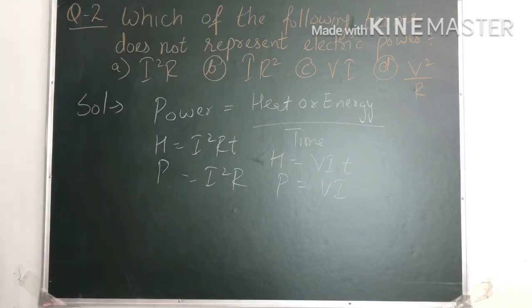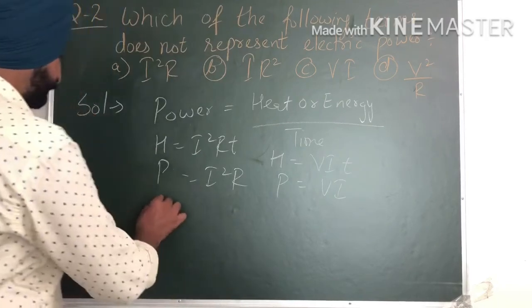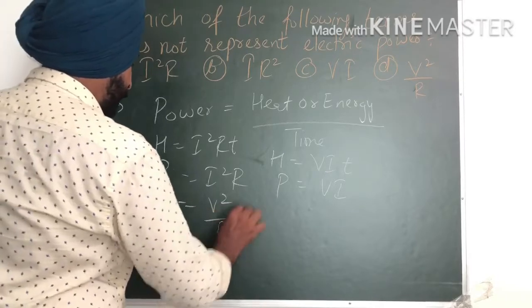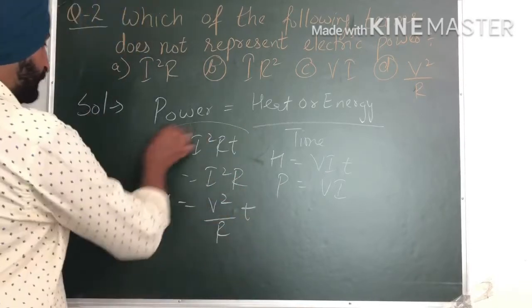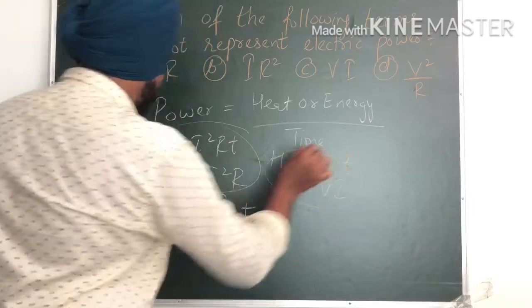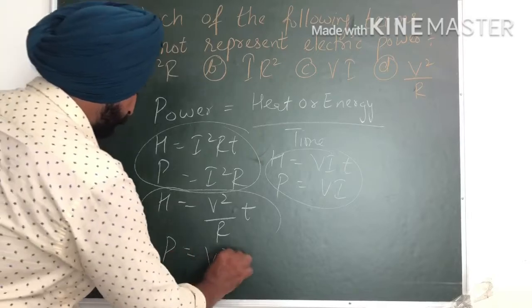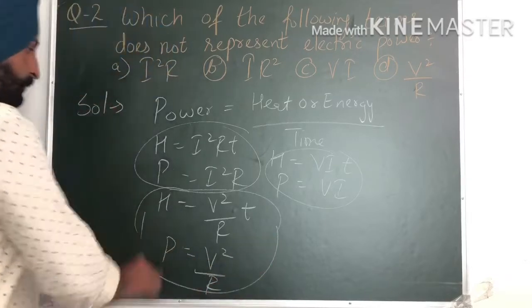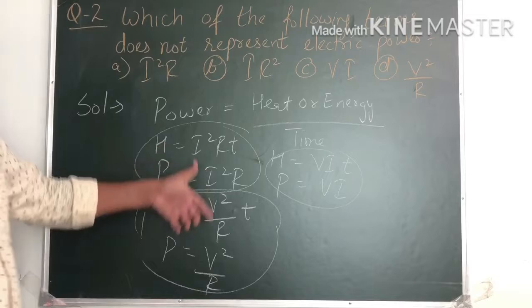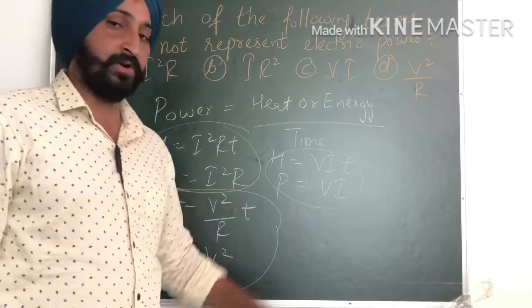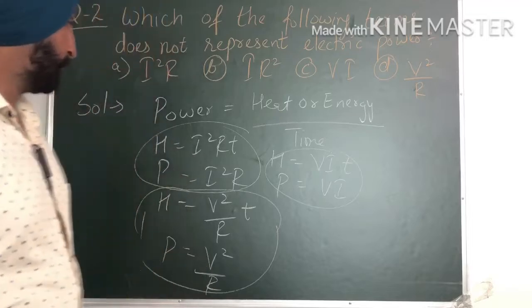Another formula that is there for heat is V square by R into T. So from this formula, our power would be equal to V square by R. Right? So these are the three different formulas that we have established for power.